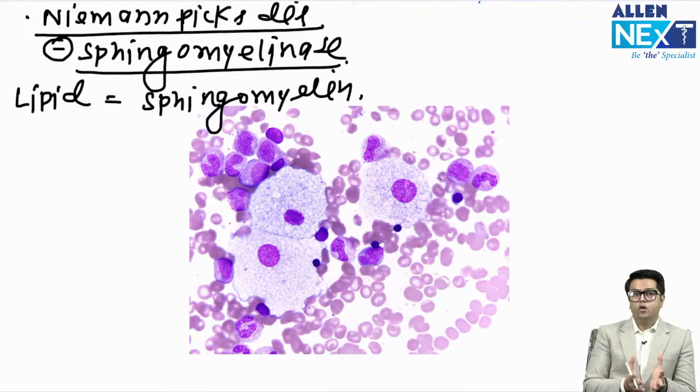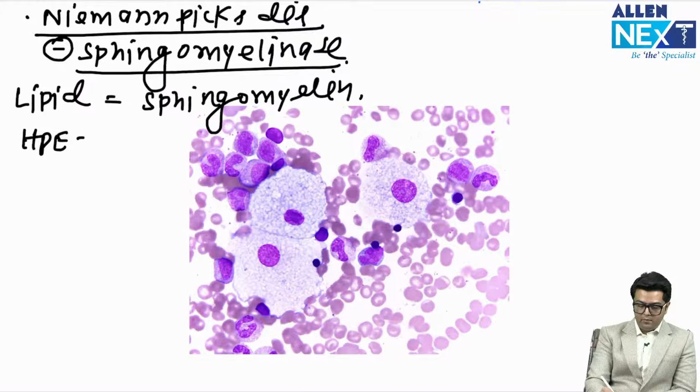This is the only sphingophospholipid having phosphate. On histopathological examination, it looks like a foam cell, with a soap bubble appearance of histiocytes, the foamy histiocytes.